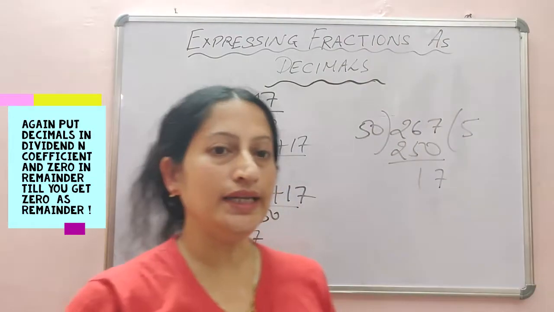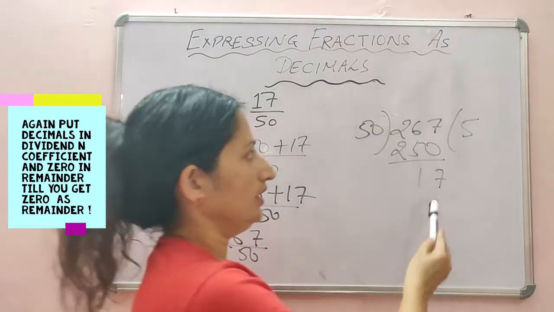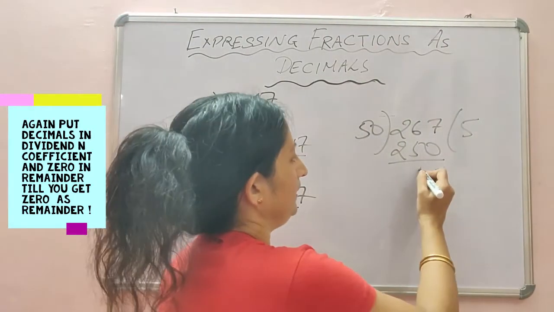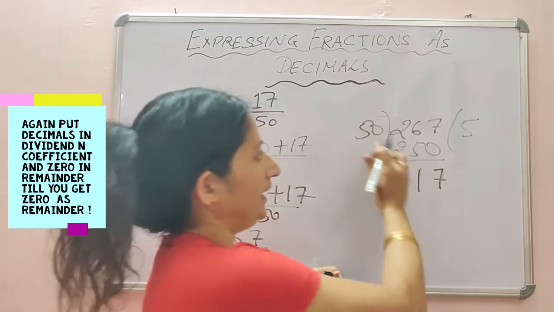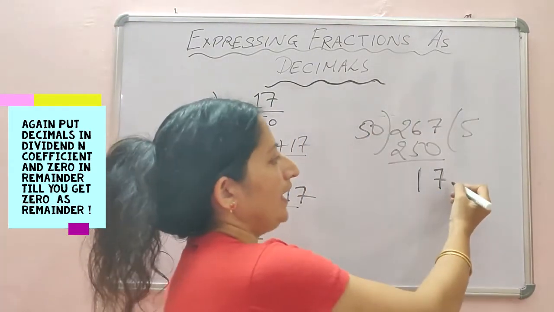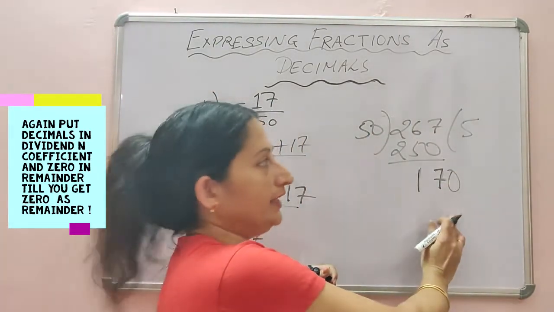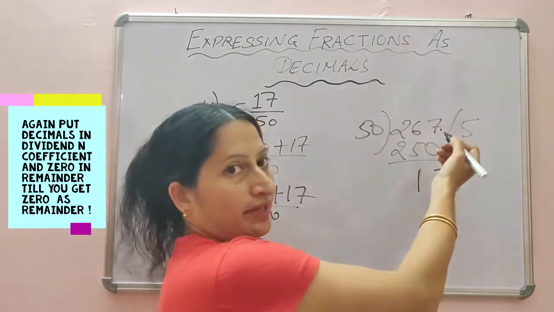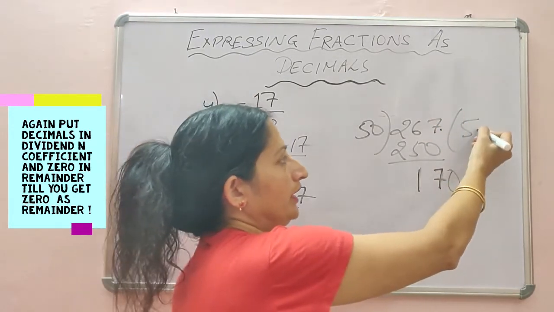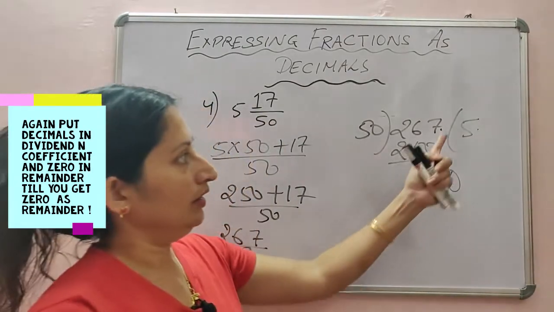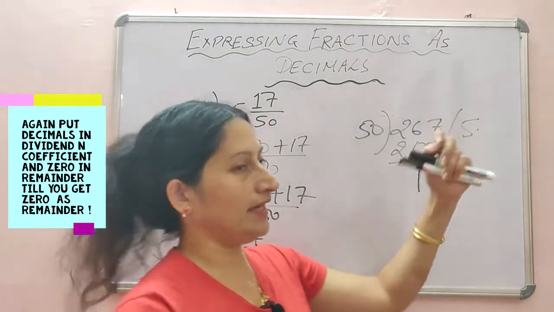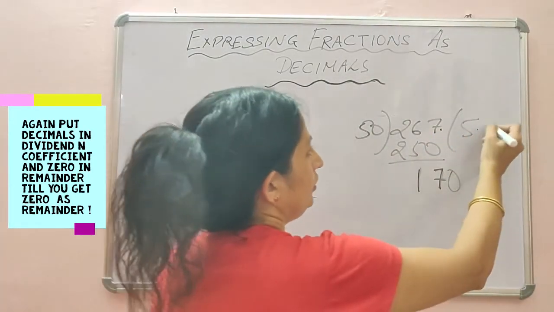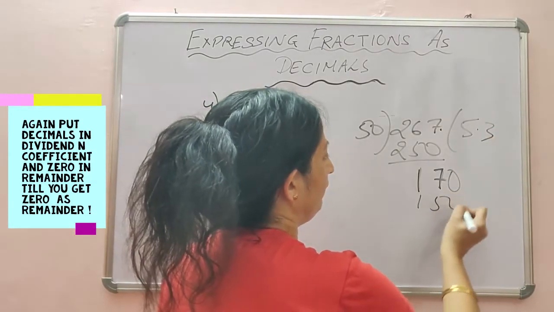Now 17 which is obtained by me is a smaller number as compared to 50, so I'll have to put a 0 here. For putting a 0 here, one decimal will be required. The decimal will be put in the dividend as well as the quotient. So 3 times it will become 150.